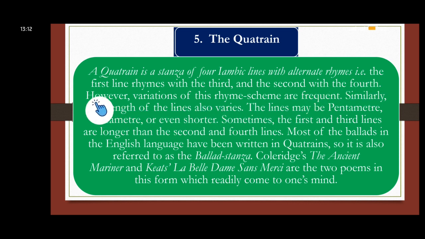So, the first line rhymes with the third and the second with the fourth. However, variations of this rhyme scheme are frequent. Sometimes we will find that the first line will rhyme with the second, or sometimes that the first line will rhyme with the third. Right? So we can have variation.